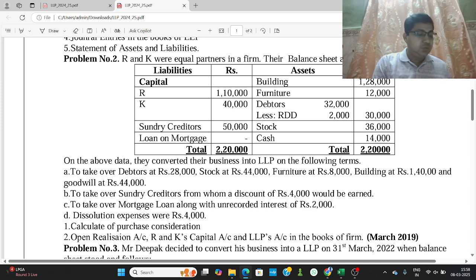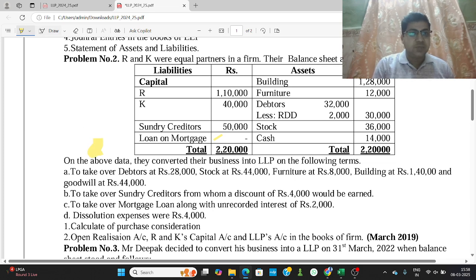Now here in our problem, the mortgage is provided as a dash, but the mortgage amount is around 20,000. So the mortgage value that you have to keep is 20,000. You have to mention this here: the mortgage value is 20,000.